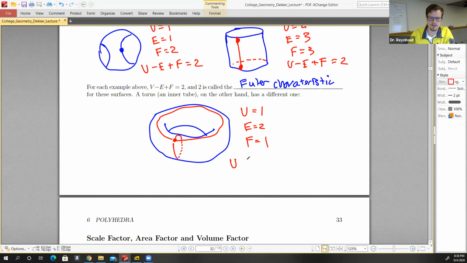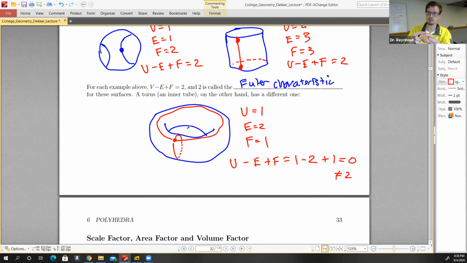So here, V minus E plus F is actually equal to 1 minus 2 plus 1, which is 0, not 2, right? That's not 2. So essentially what it works out to be is it's a question of how many holes the surface has, right?